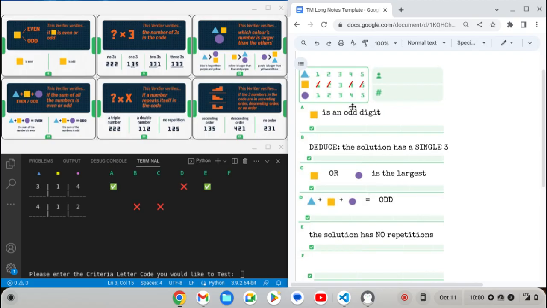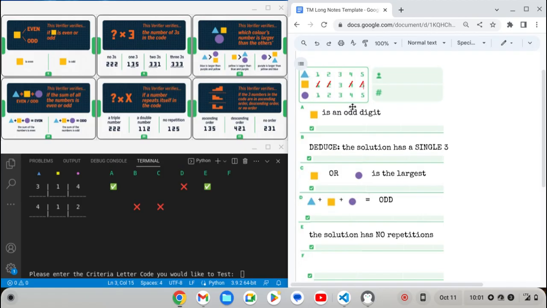If circle's the biggest, it would be 4 or 5. But how do you distinguish? I guess it would be ascending.